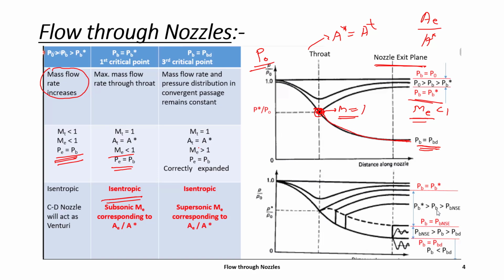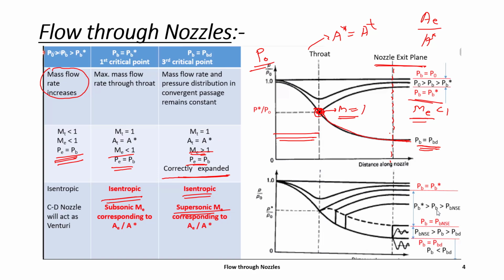At the exit, Mach number is greater than 1, and the mass flow rate and pressure distribution in the convergent part will be constant, and it is called a correctly expanded nozzle. Exit pressure, the pressure at the nozzle exit plane, is equal to the back pressure. Flow will be isentropic throughout, and this solution corresponds to the supersonic solution for the area ratio AE by A star.